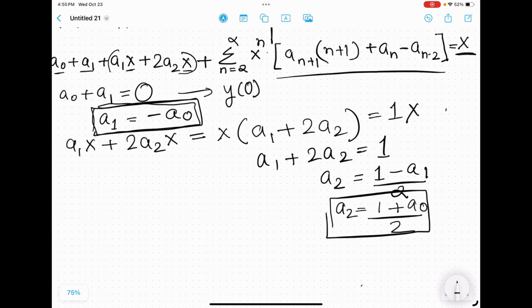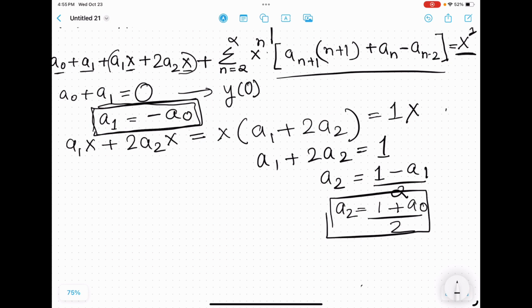Now, the thing to observe is that the only coefficient I have on the right is for x, when the power of x is equal to 1. We don't have any other powers of x, or any constant, like we saw when we were finding the value for a sub 1.